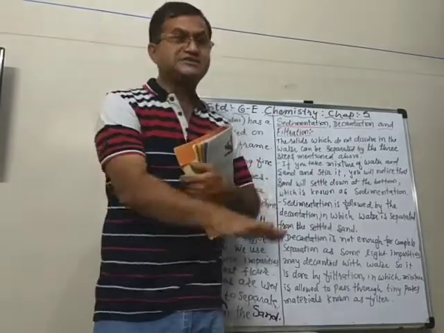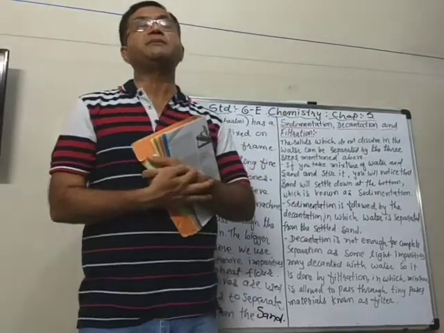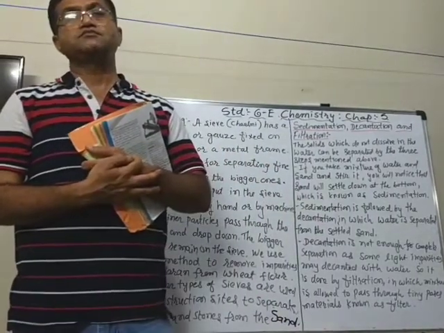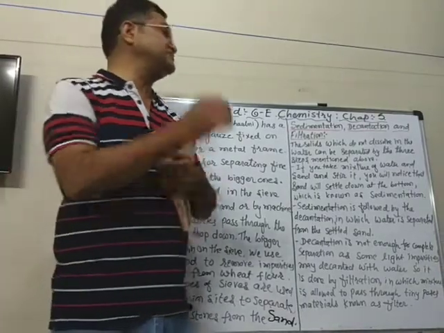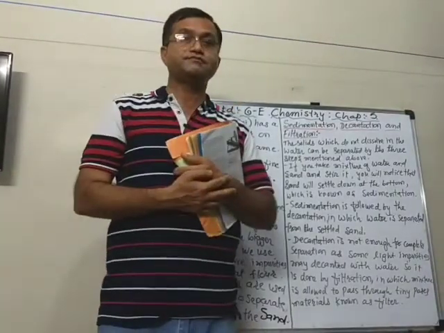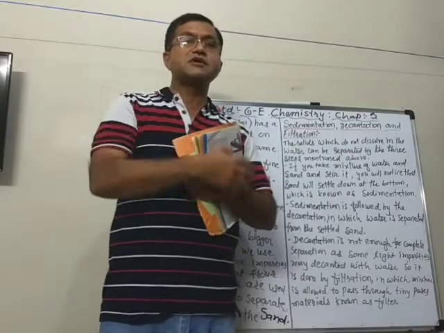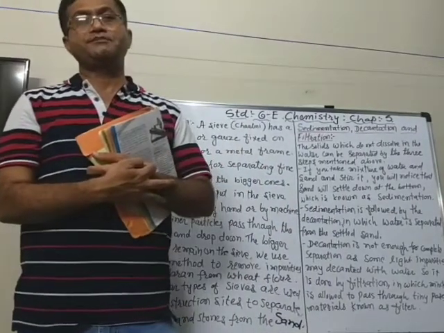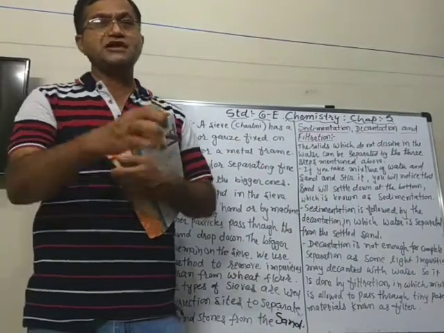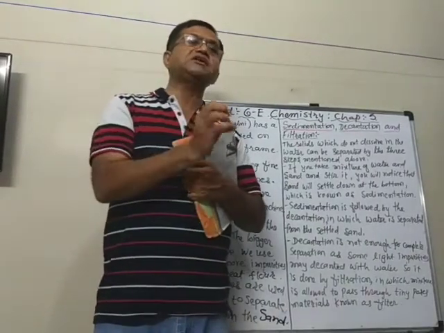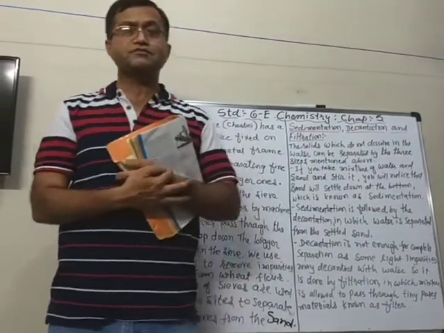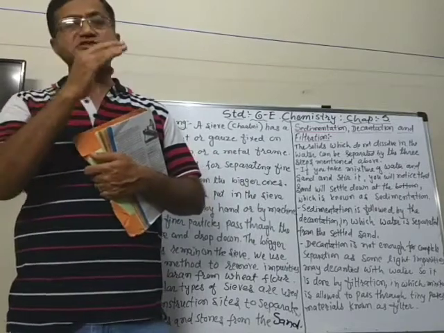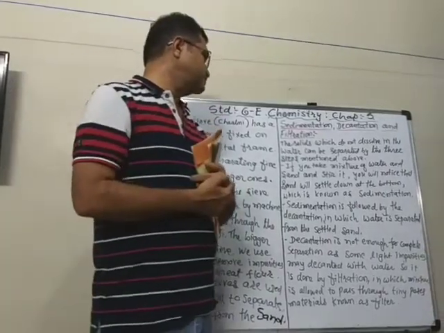They will settle down at the bottom of that beaker. And that process is known as sedimentation. And the water will be on the top. That is known as sediment, and the water is known as supernatant. So now this is called sedimentation.